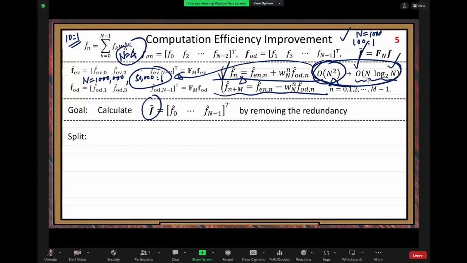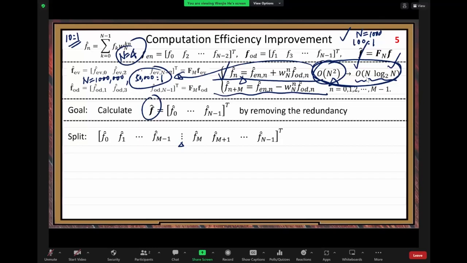And they may share a lot of duplicate computation. All right, so let me split. The first half, then I draw this dotted line to separate between the first half and the second half. The first half is a vector, the second half is also a vector, and they have the same dimension.